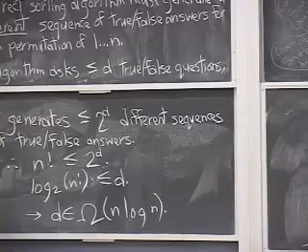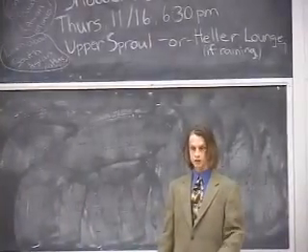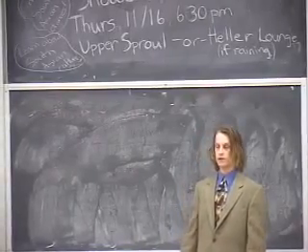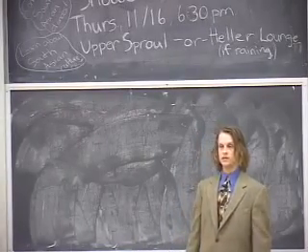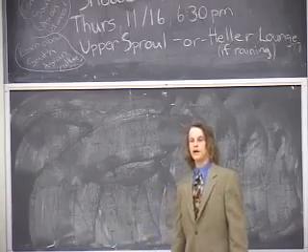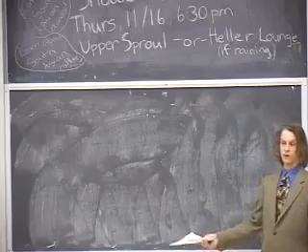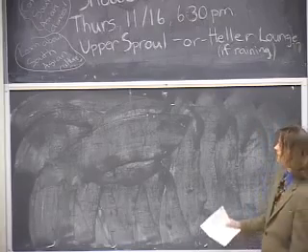Not every single possible sequence of true-false answers will be used or is even possible. So generally, 2 to the d is going to be bigger than n factorial. But as long as it's bigger, we can have a sorting algorithm that works.